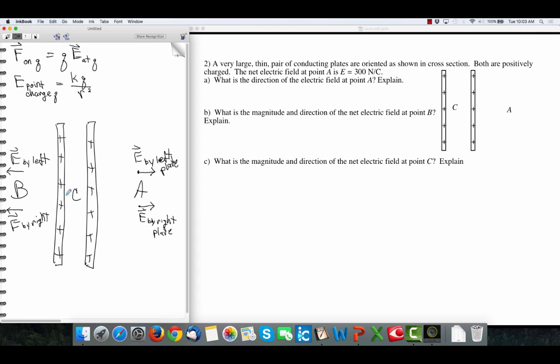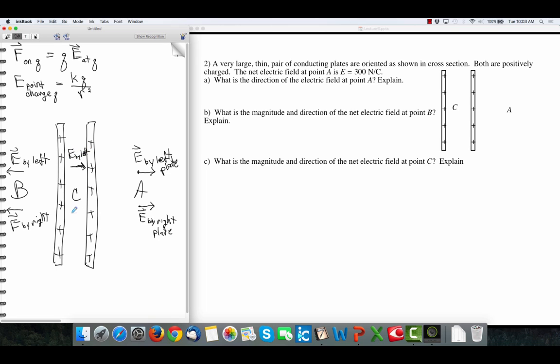Electric field by the left plate, if you're at point C, what's the direction of it? To the right. Magnitude? Same as all the other vectors I've drawn. Doesn't matter how close or how far you are. It's an infinite plate, same electric field, independent of distance. This is electric field by the left plate.